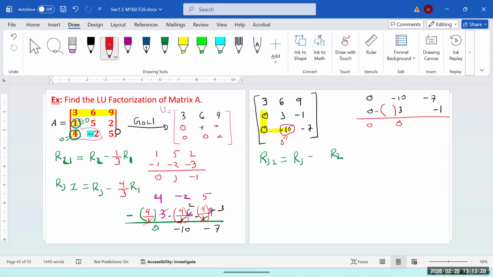So we need to multiply something here so that when you subtract, the answer will be 0. So negative 10, and then times what? When you subtract, going to give it 0. Any suggestion? We have negative 10, and you need to subtract something times 3 so that the answer will be 0.